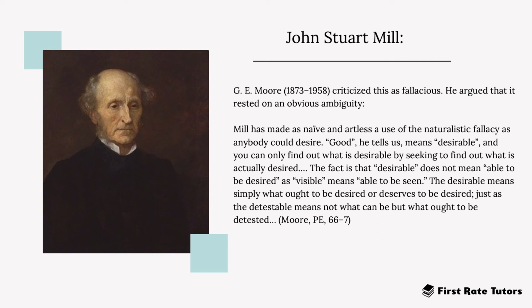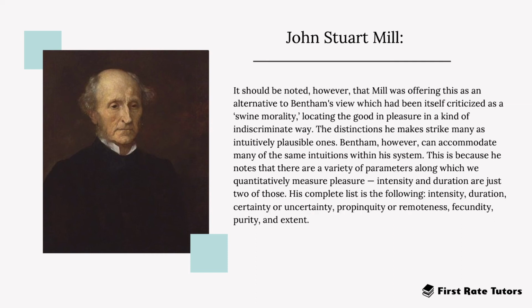The fact is that desirable does not mean able to be desired, as visible means able to be seen. The desirable means simply what ought to be desired or deserves to be desired, just as the detestable means not what can be but what ought to be detested."